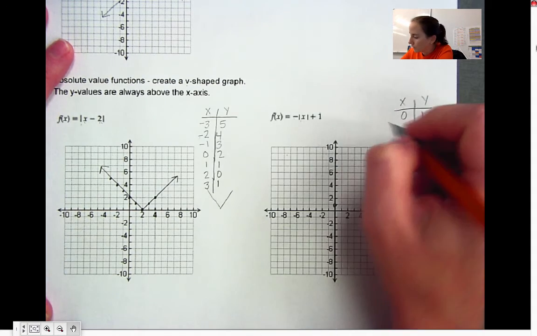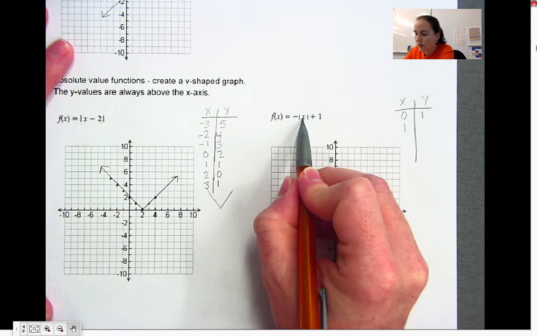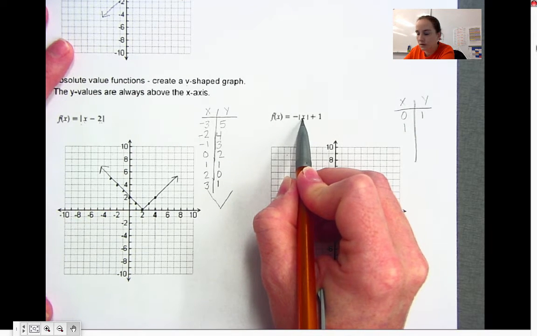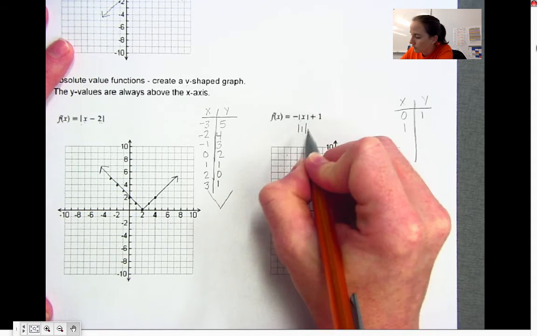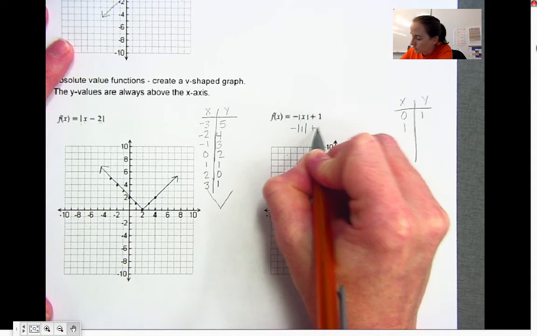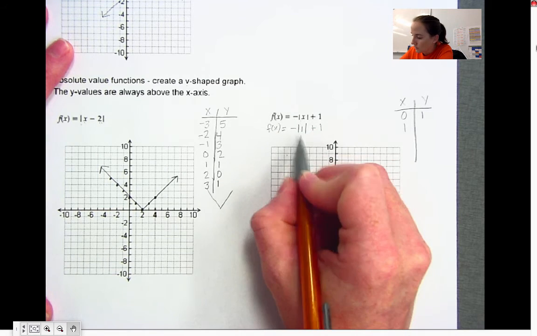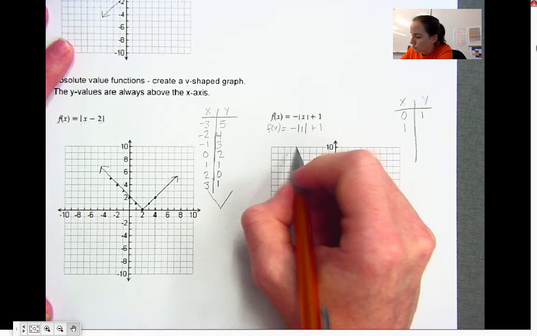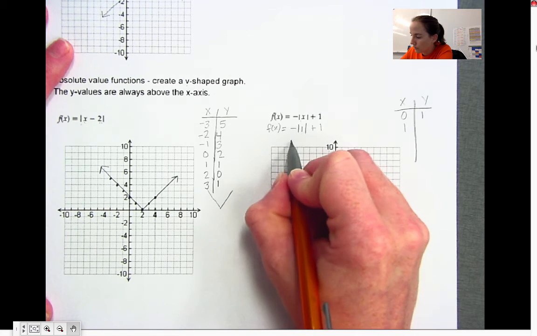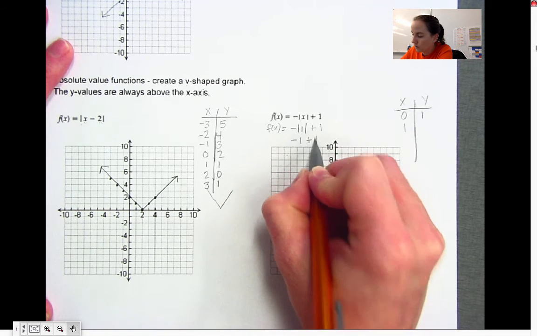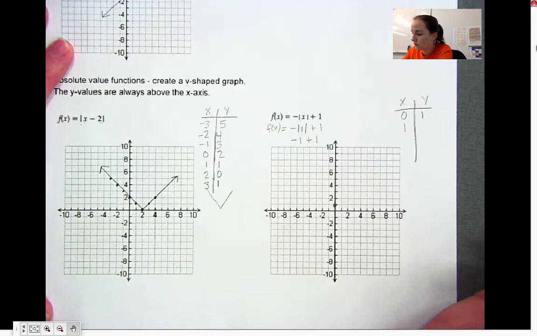Okay, if I plug in 1, the absolute value of 1 equals 1. So if I have the opposite of that 1, which becomes negative 1, and now I have 0.